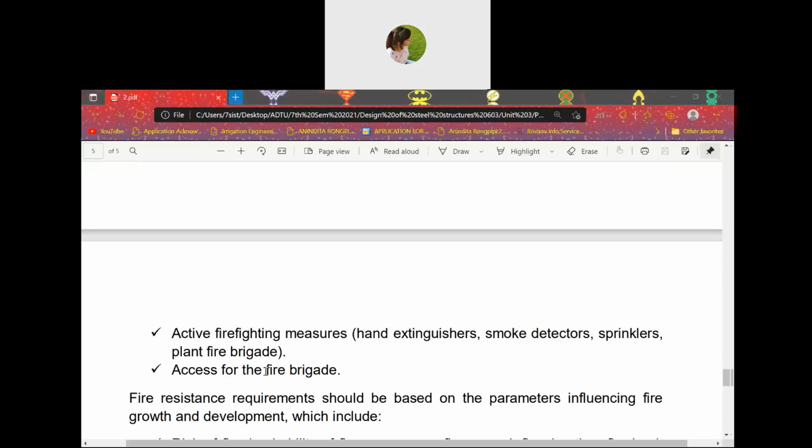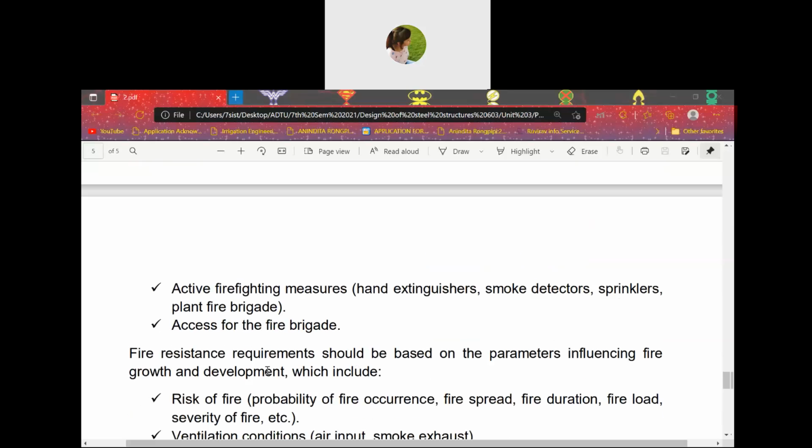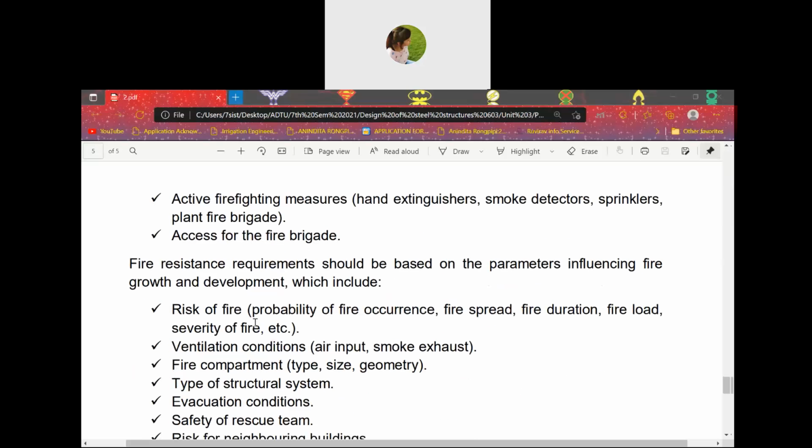Fire resistance requirement should be based on the parameters influencing fire growth and development. This includes, number one, risk of fire, that is the probability of the occurrence of fire, then fire spread, fire duration, fire load, and severity of fire.